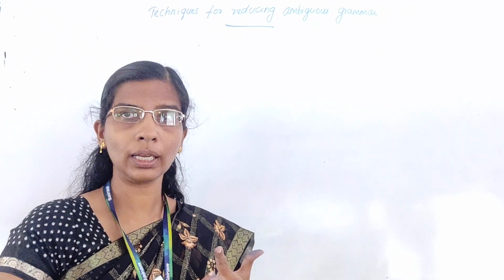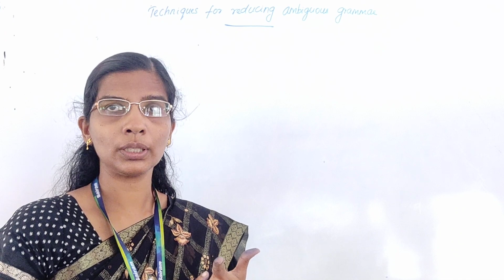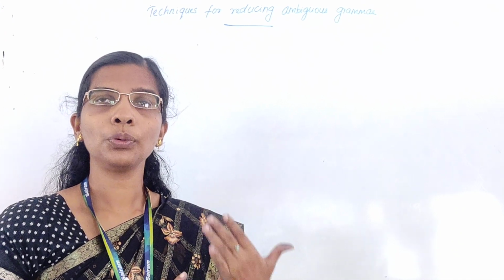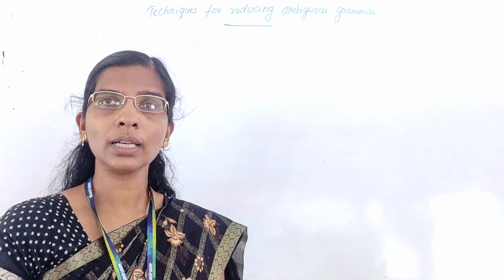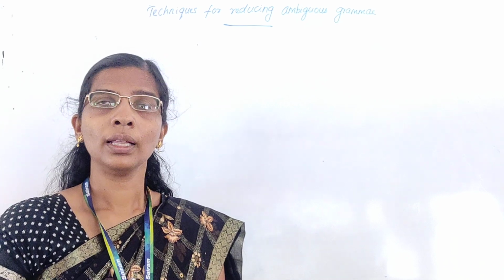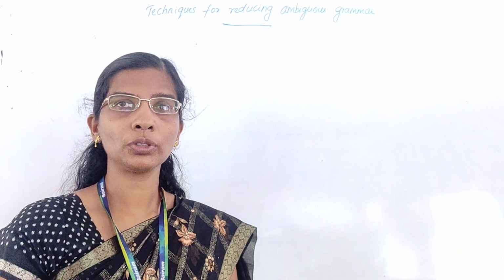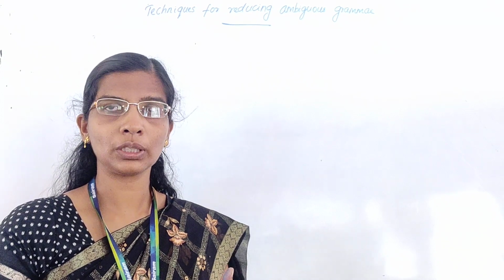I'll tell once again. In reducing ambiguity, suppose your grammar is ambiguous and you want to find the equivalent unambiguous grammar, there are three steps to be followed. The first step is you have to eliminate epsilon production.